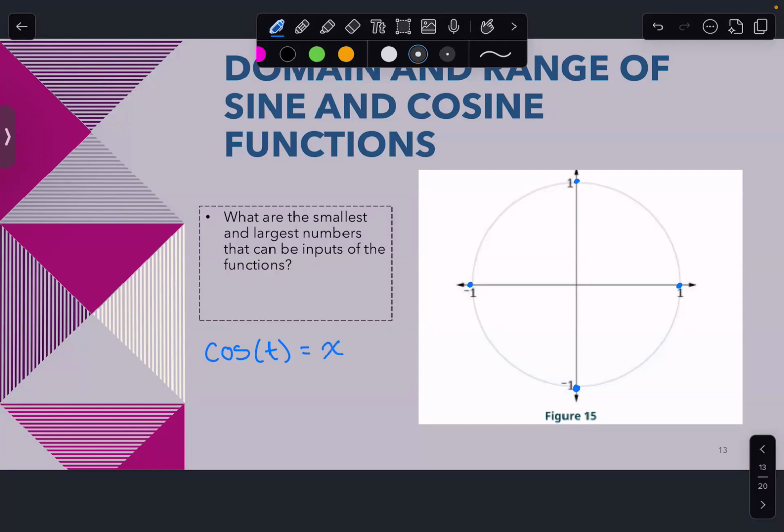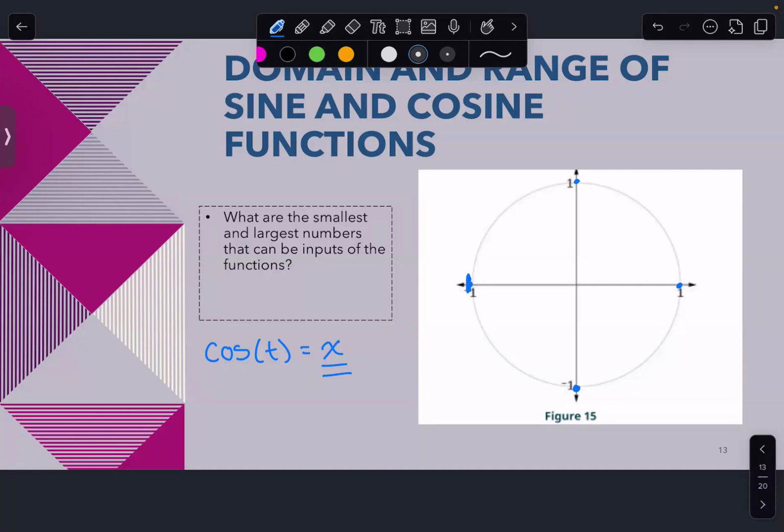So if I wanted to go from, say, the highest to the lowest, what would that look like? Well, what is the smallest x value that we can have on this diagram? So the smallest x value would be -1.